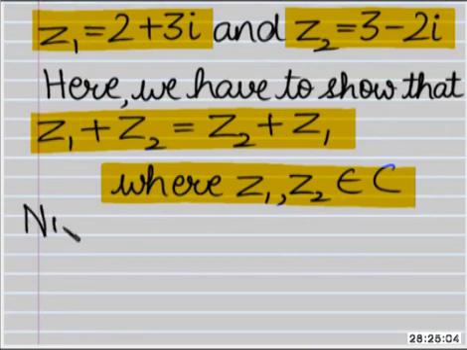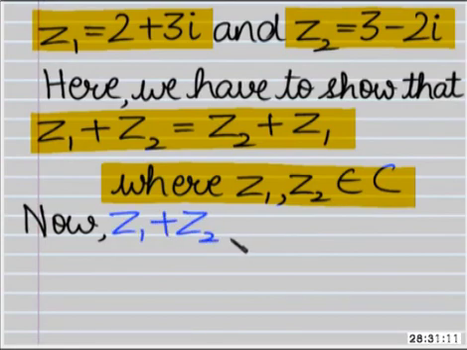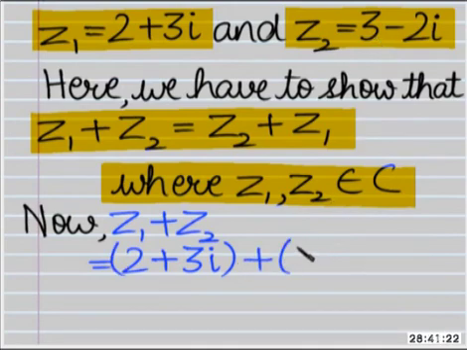Now, first of all, z1 plus z2 which is equal to 2 plus 3 into iota plus 3 minus 2 into iota.